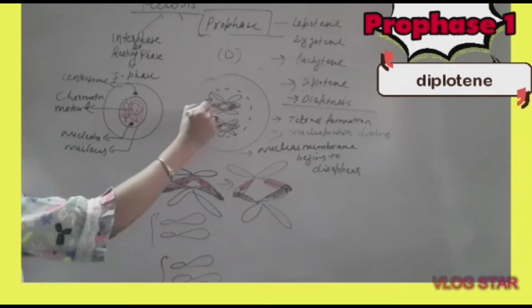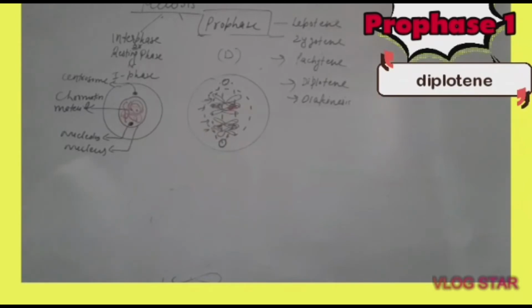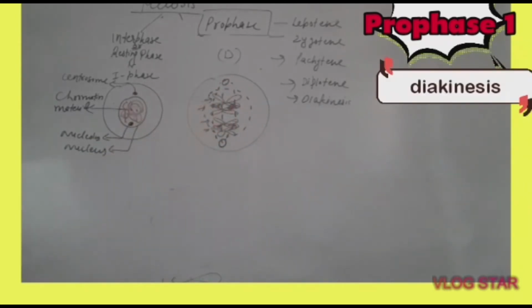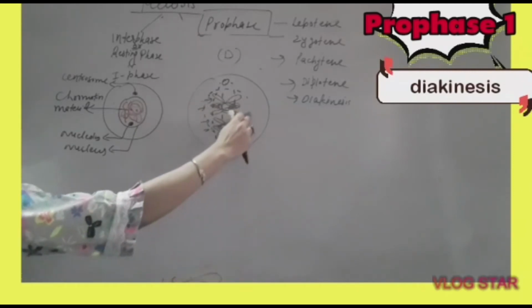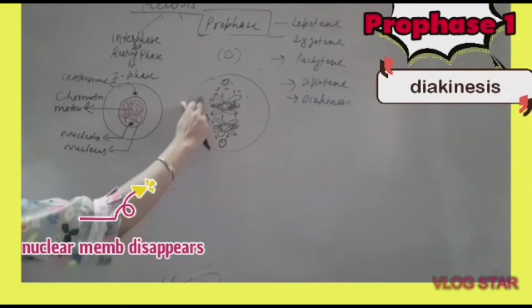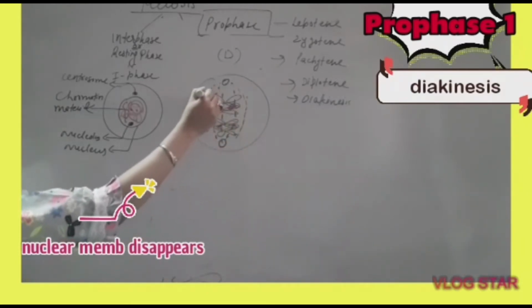It seems to be 1, 2, 3 and 4. This is known as tetrad. So the biggest change in diplotene is tetrad formation. Next is diakinesis. In this diakinesis, the nuclear membrane you can erase, so it disappears. But you can see some other dotted lines which I have drawn.